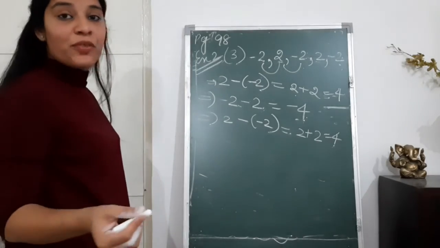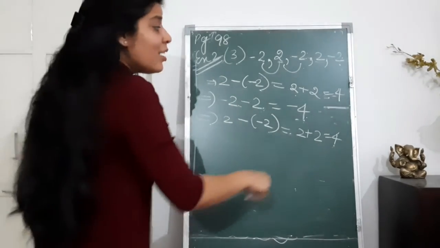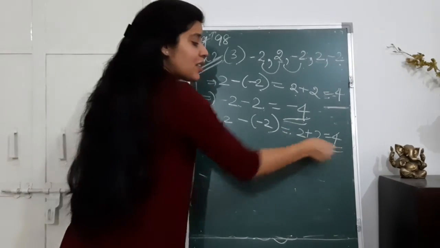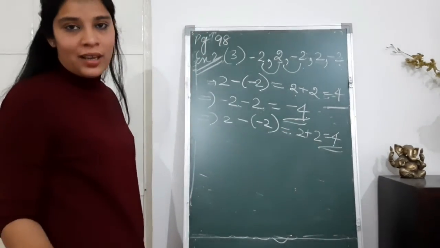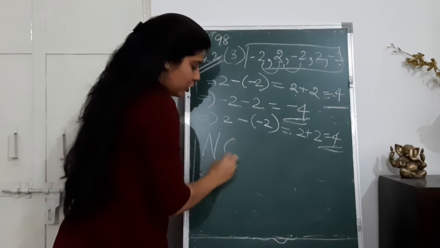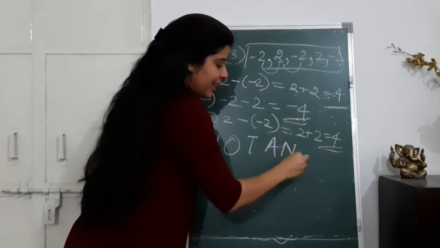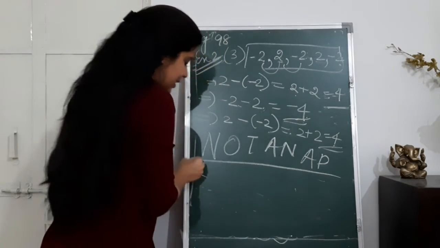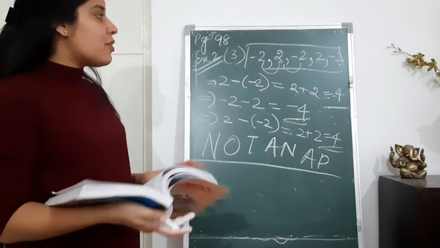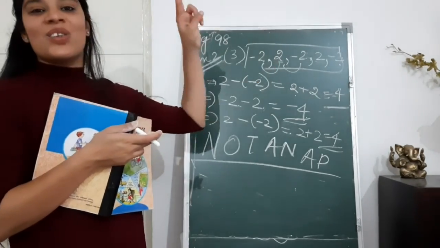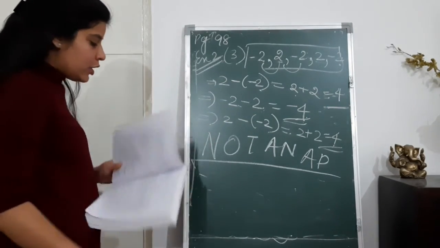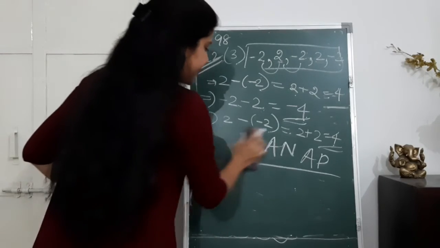I will not say common difference because this is not forming an AP. So the first difference is 4, the second difference is minus 4, and the third difference is 4 again. So it is changing. This means that this list is not an arithmetic progression, because the difference between the terms is not the same.